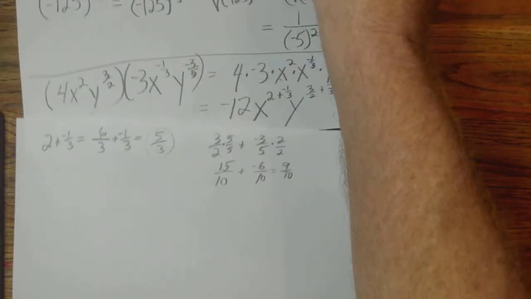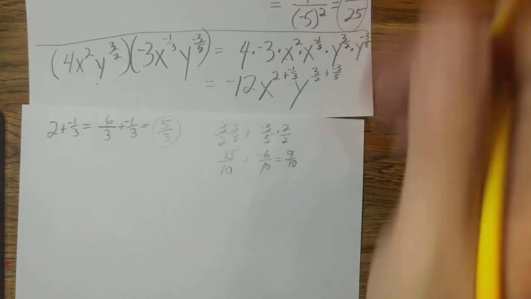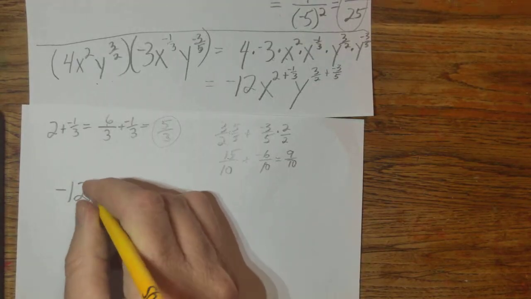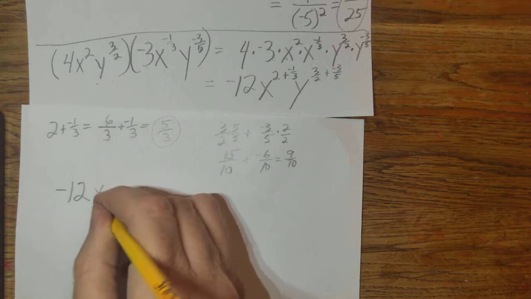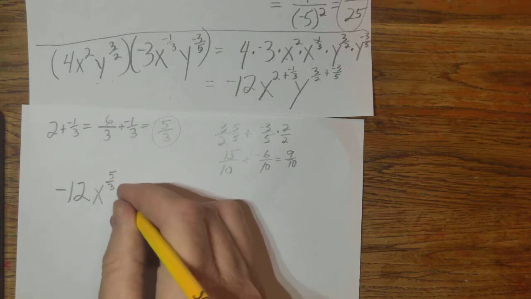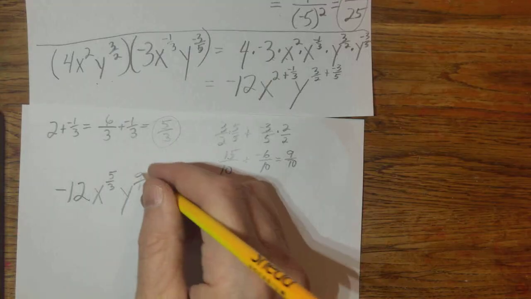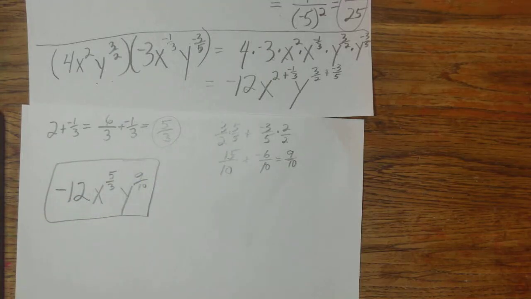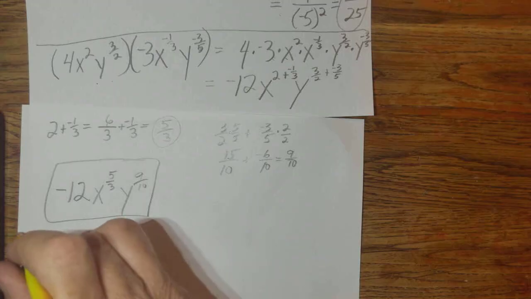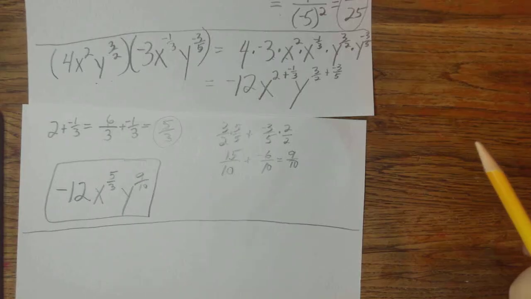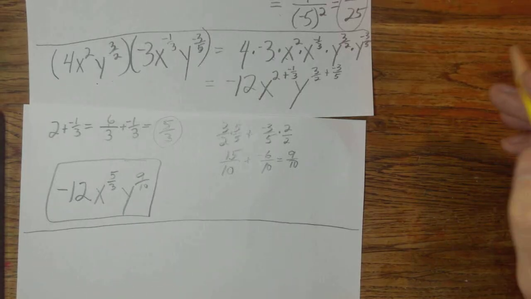So, as we move along with this, I got negative 12 x to the 5/3 y to the 9/10. I don't think there's any need for us to change that to a radical. I don't think that's going to make it any simpler. So this is my answer there.